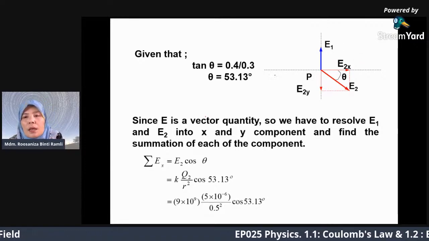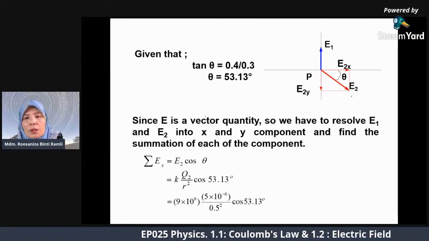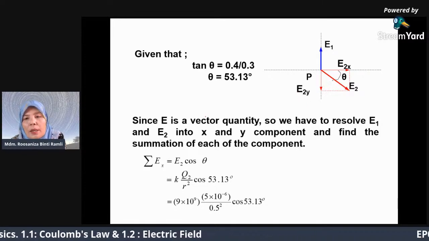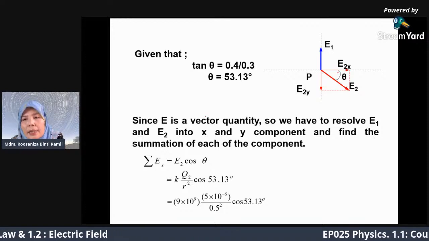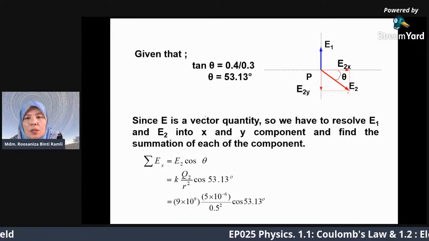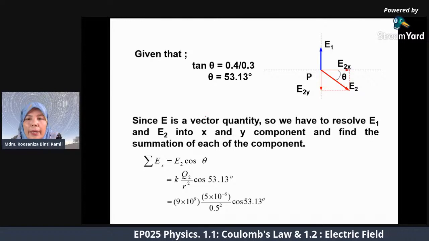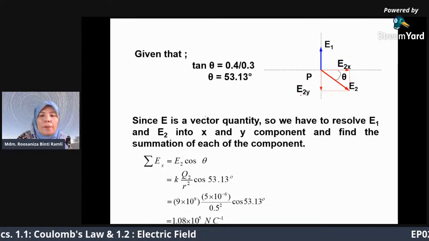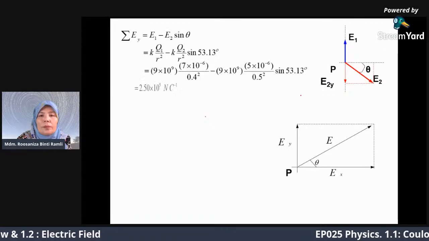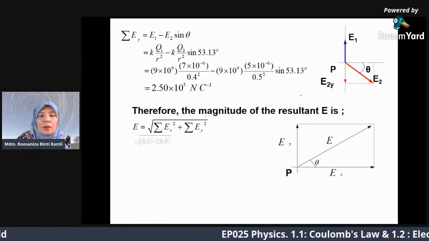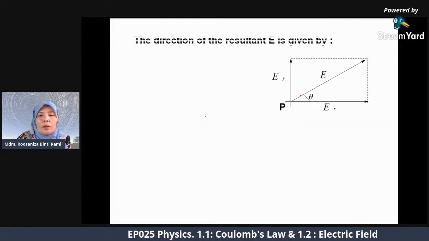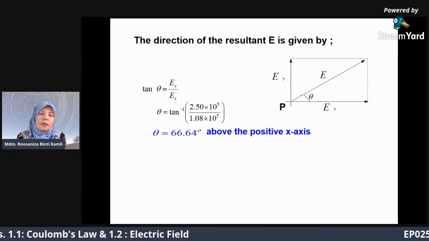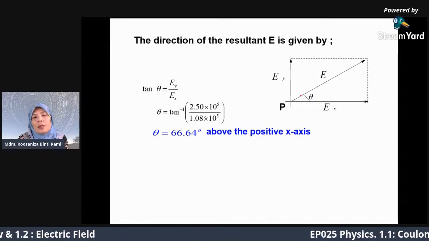This is a revision of the chapter on vectors. When E2 does not lie on the axes, you resolve it into E2x and E2y. Then you find the angle between the E.